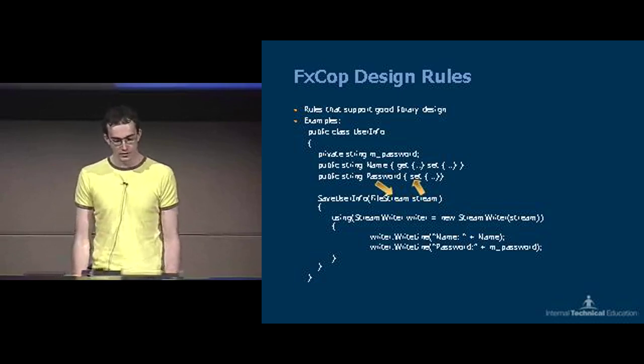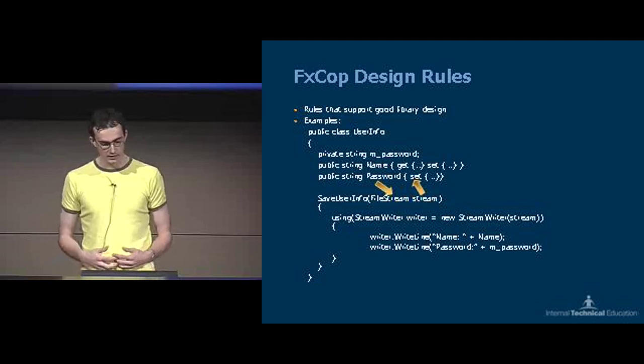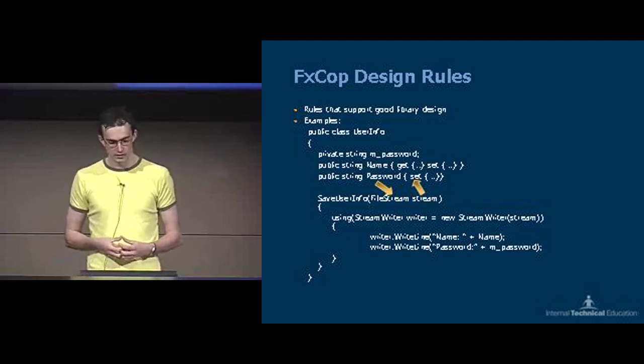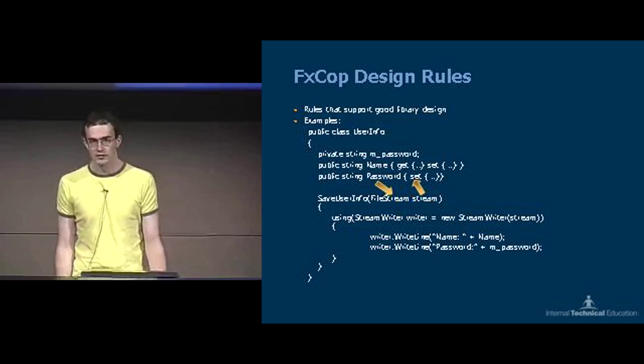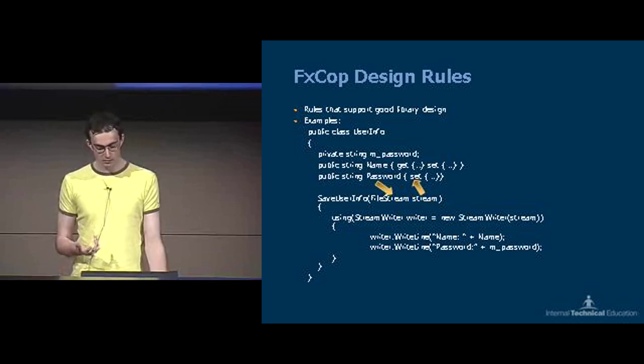The second sample on this page, we have a method that takes a file stream as a parameter, but it turns out that in this method, only information from the stream class is used. We only pass it to StreamWriter, which takes a stream, and if you change the parameter to just be a stream instead of a file stream, you'll make your code more usable later.